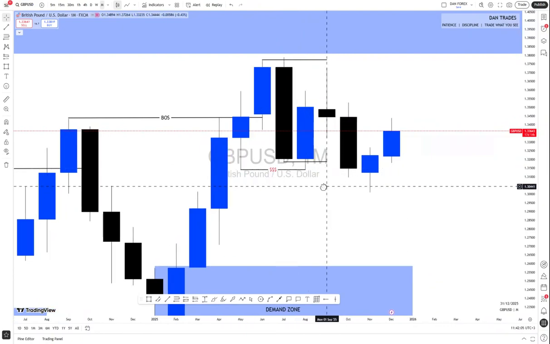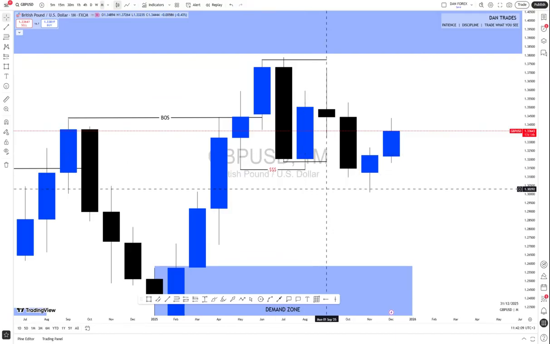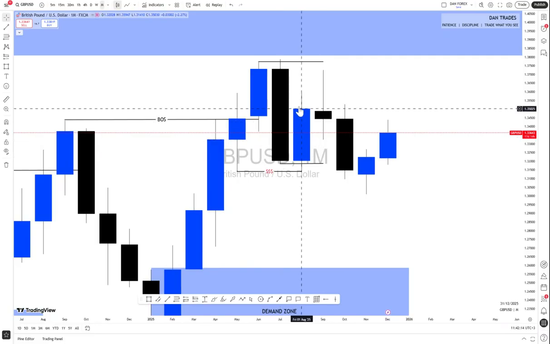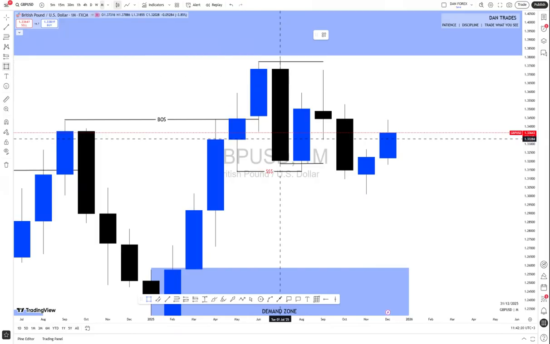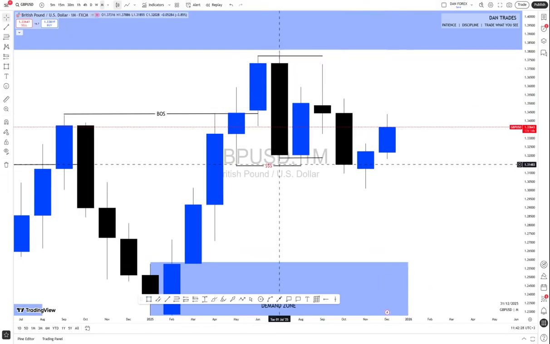So this is liquidity which we might target, to take out that liquidity. So we can see after taking out the low of this bearish candle, we closed inside the range of this candle, right? Whereby this bearish candle took out that high, causing this bullish candle to be another block trying to push the market down to take out this liquidity.